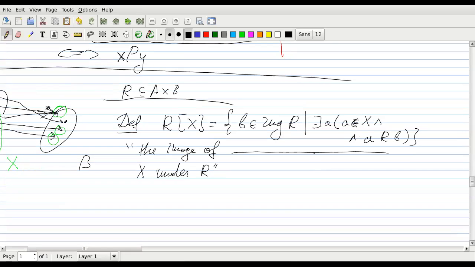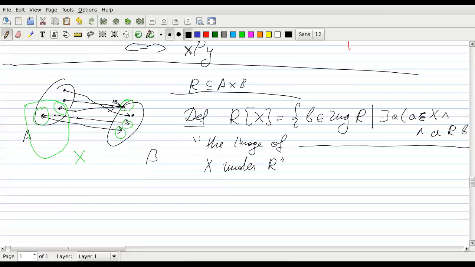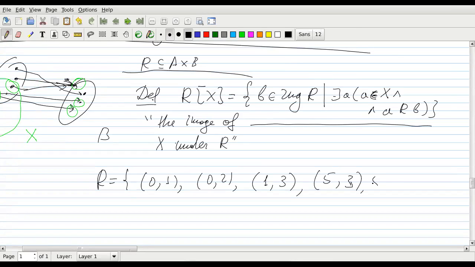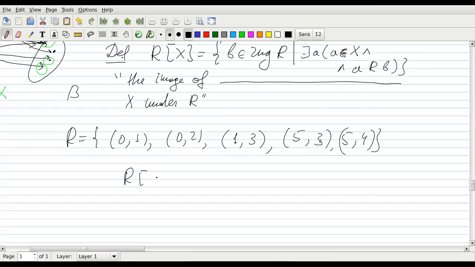Yes. Can you please write an example? Here is an example, but let's be more specific. Let R be, say, (0,1), (0,2), (1,3), (5,3), (5,4). What is the image of, say, {0, 1, 2}?